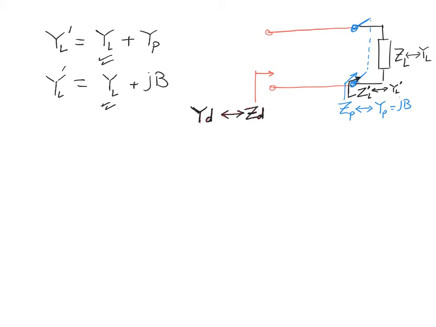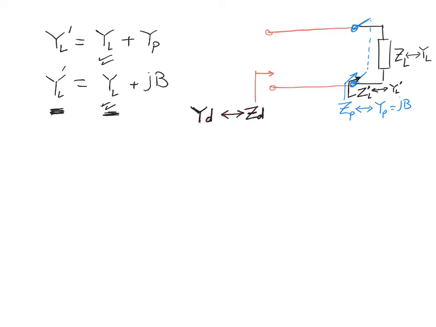So now I know that YL, which is known to me, and YL dash, which is unknown to me, both share the same real value. So that gives me a locus for that real value, which is actually coming from knowing the load.